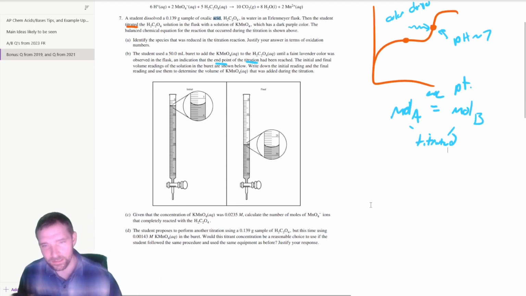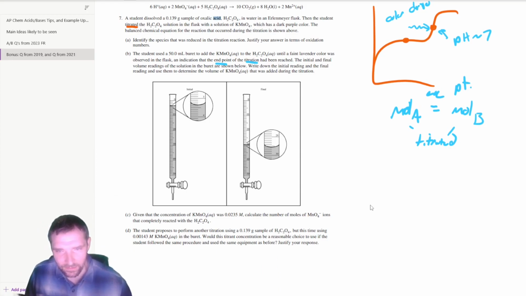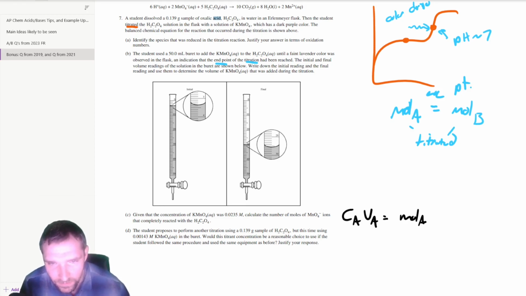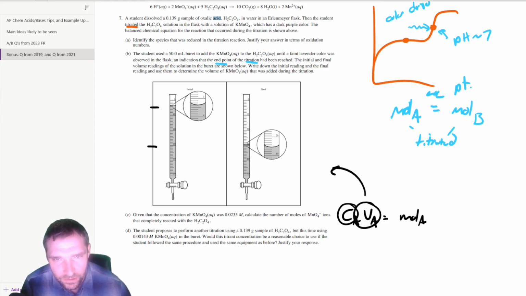The important thing that I want to highlight here is that they're asking you to do something that looks like CAVA is equal to moles of A. So they've given you the concentration here, and you get the volume from this diagram because there's going to be a change between these two.